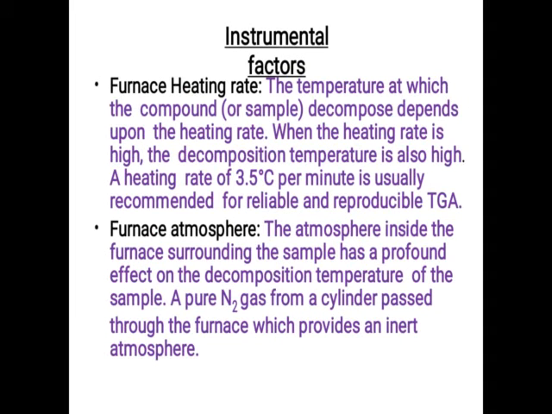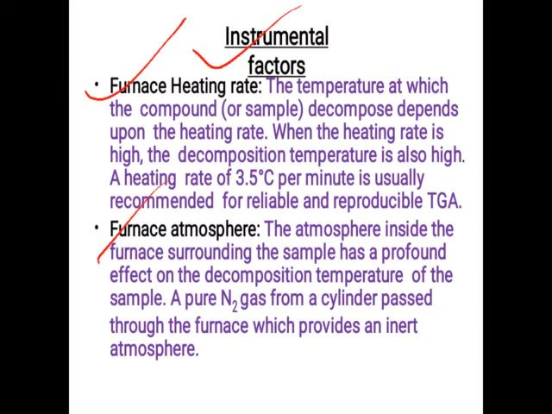So these are some factors which can affect the thermogravimetric curve. The first factor, the instrumental factor, is classified into the furnace heating rate and the furnace atmosphere. Heating rate: the temperature at which the compound decomposes depends upon its heating rate. If the sample is heated at a high rate, the decomposition temperature also becomes high.